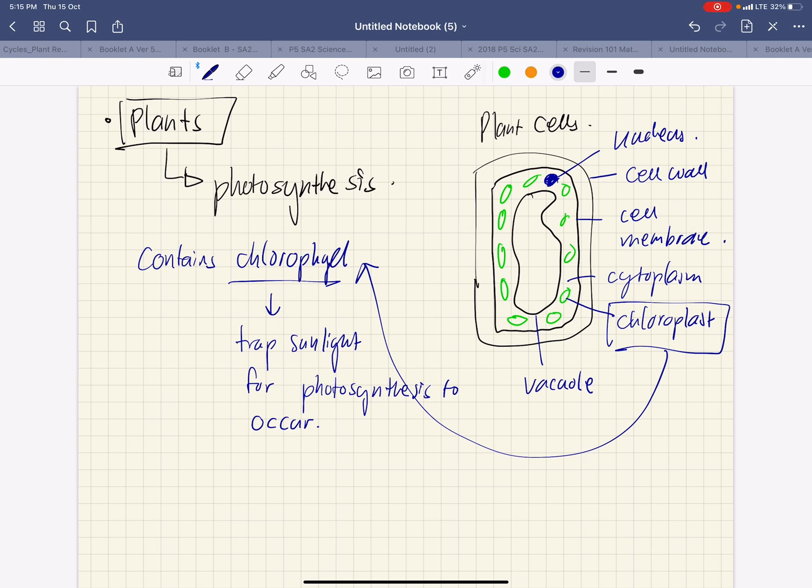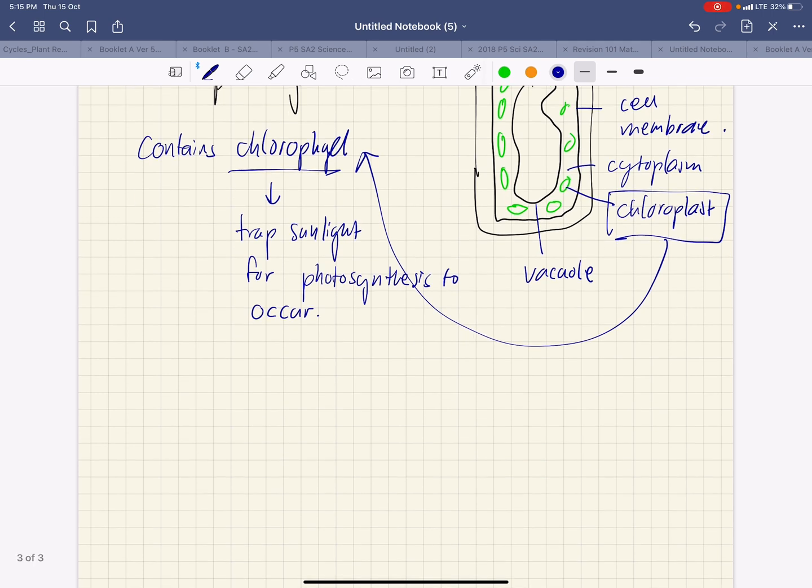If we were able to trap and utilize energy from the sun, we wouldn't need the plant. But unfortunately, we are not able to do that. So the plant actually does this conversion of energy into a form of food energy for us, whereby we can take in food and then obtain this energy that was trapped for us by the plant. So this making of food is called photosynthesis.